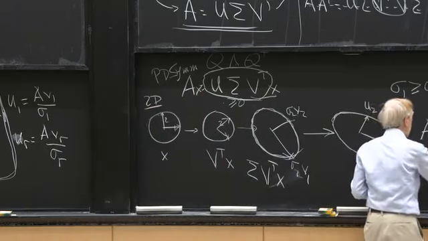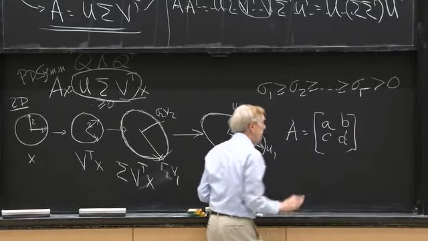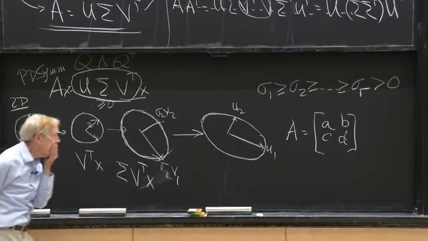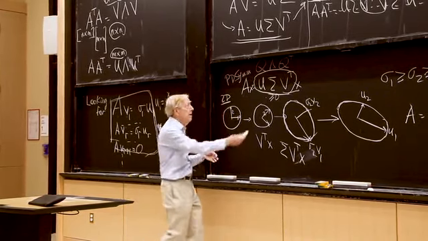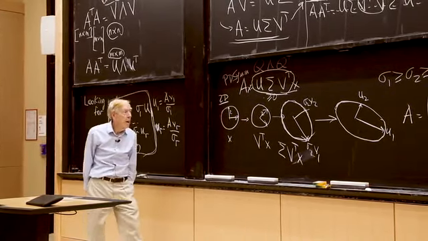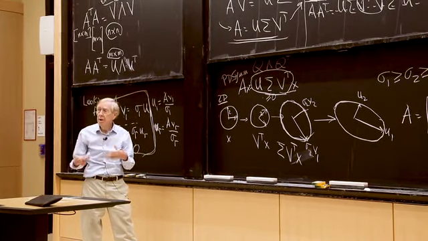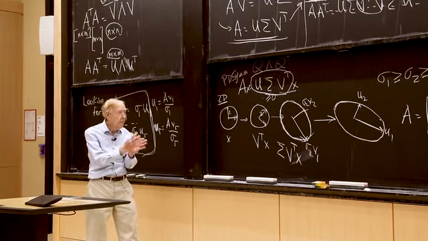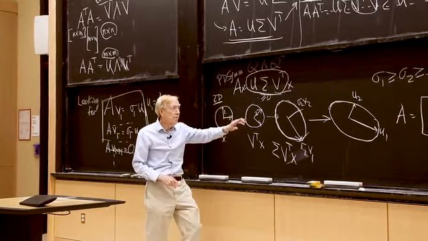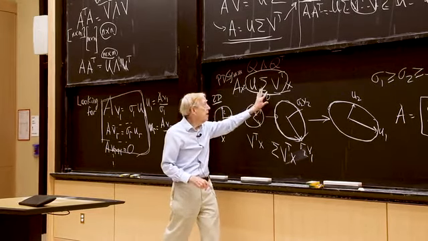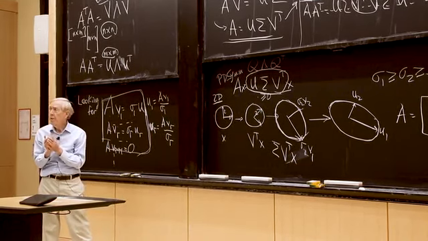So A has 4 numbers, A, B, C, D. Then I guess I feel that 4 numbers should appear on the right-hand side. Somehow the U and the sigma and the V transpose should use up a total of 4 numbers. So we have a nice counting match between the left side that's got 4 numbers A, B, C, D, and the right side that's got 4 numbers buried in there somewhere. So can we dig them out?